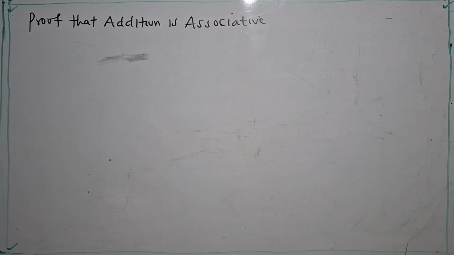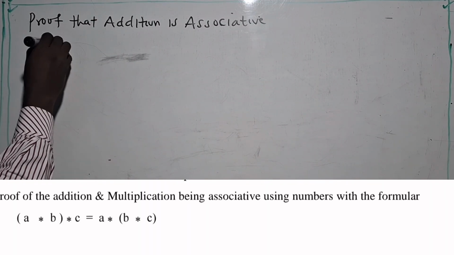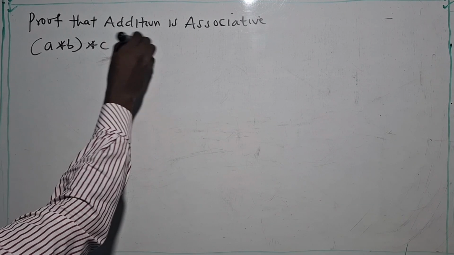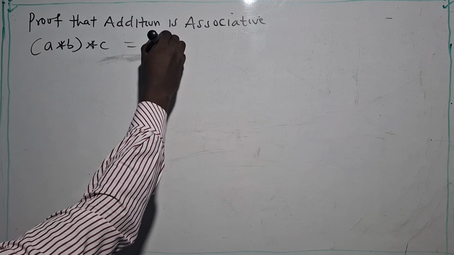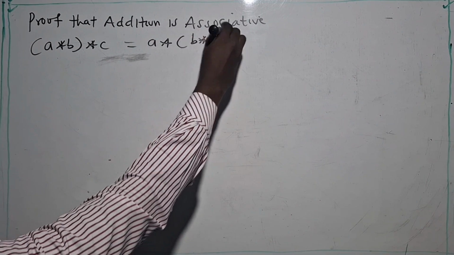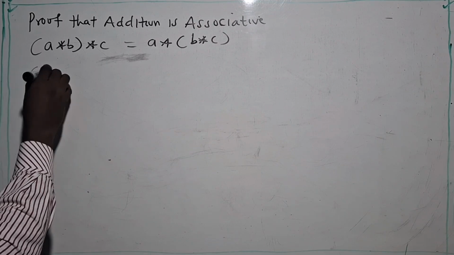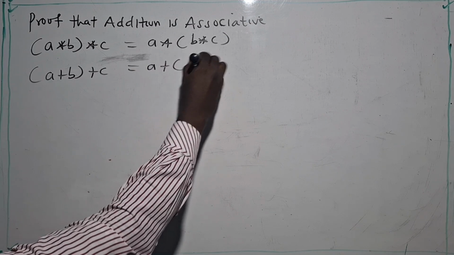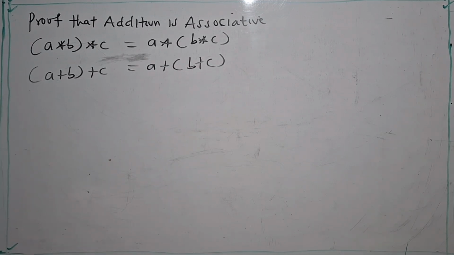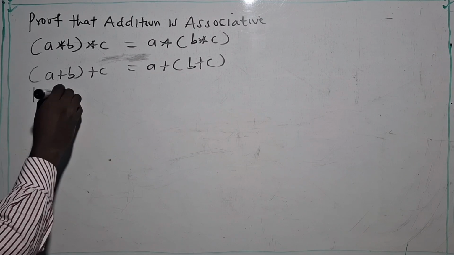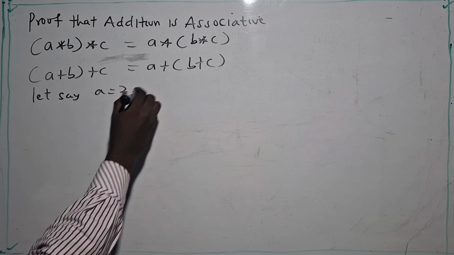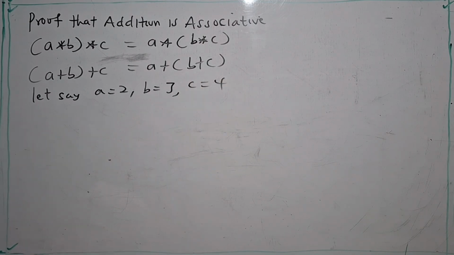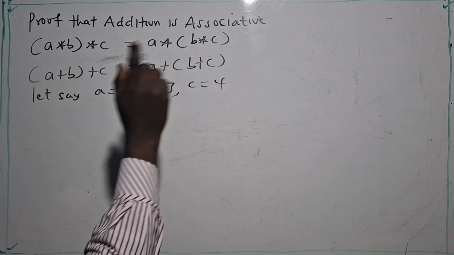If I have the operation A, operation B, operation C, I'm saying it should be the same as A outside, in bracket B operation C. It means that A plus B plus C is equal to A plus, bracket open, B plus C. So let's say A is 2, B is 3, and C is 4.